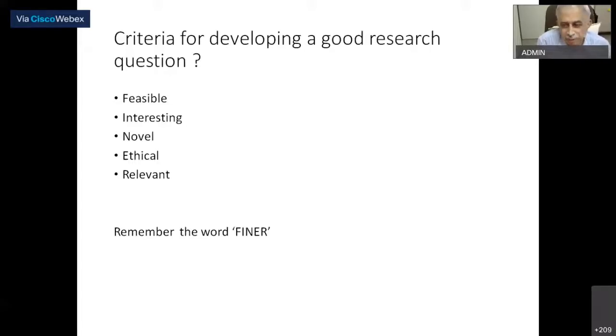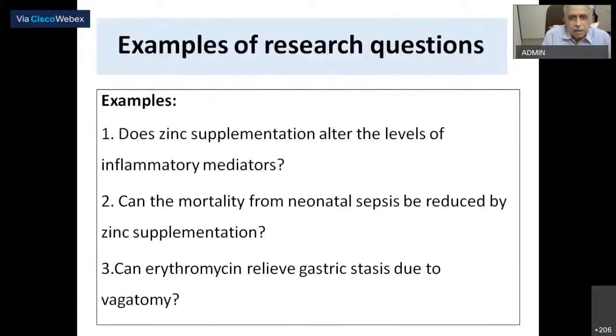And when you publish, there will be several questions about how this study has been done. Finally, it should be relevant. If you do research which is not relevant, everything is lost. So relevance is the most important. It should be feasible, interesting, novel, ethical and sound, and relevant. Now, I will give some examples of research questions based on my previous studies.